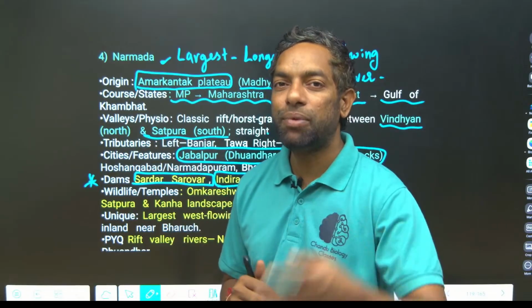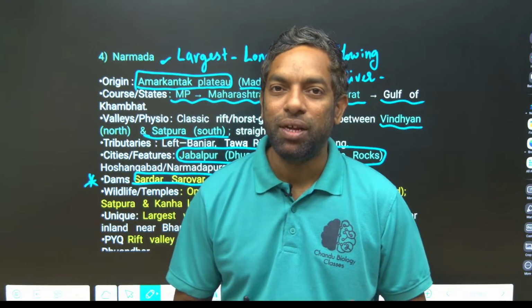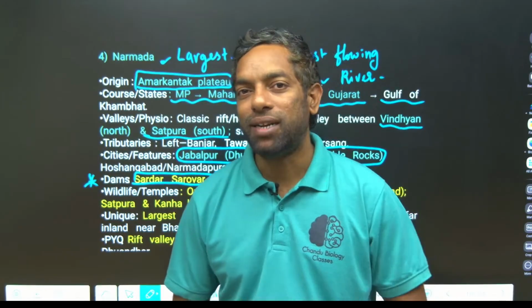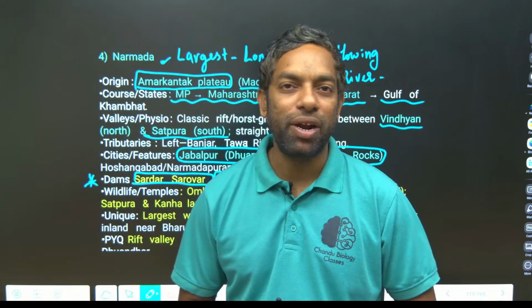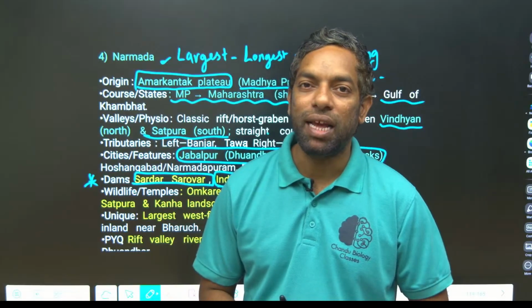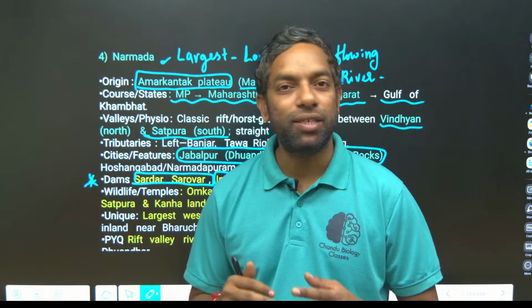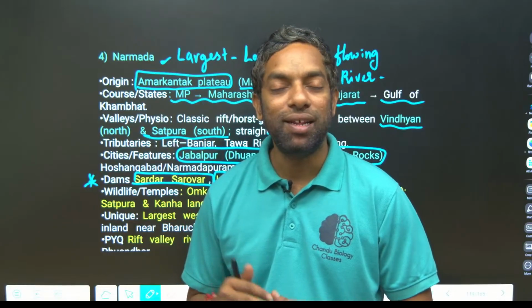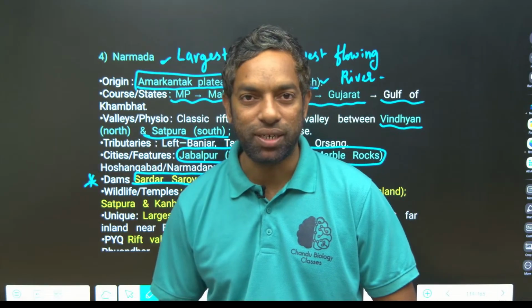There is a dispute about the Sardar Sarovar Dam. It is a World Bank sponsored dam, guys; the construction was funded by the World Bank. But environmentalists challenged its sustainability and livelihood impact, and the World Bank denied funds for the dam construction.